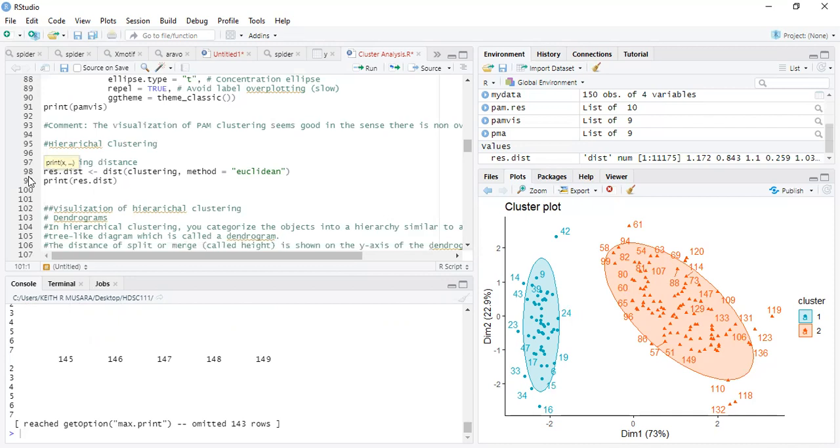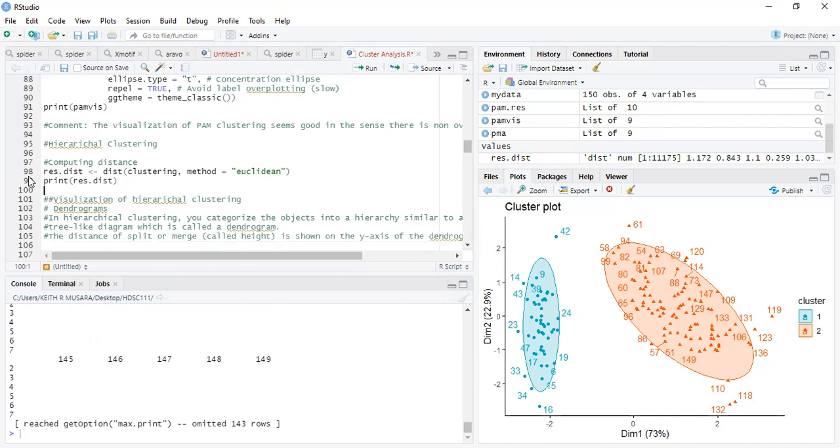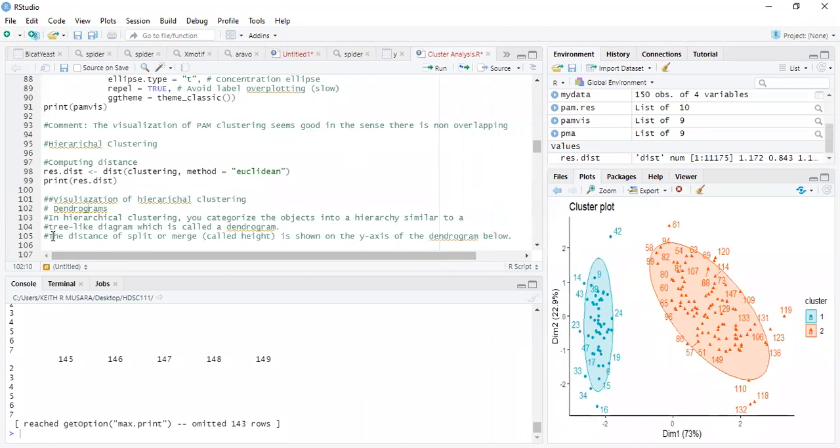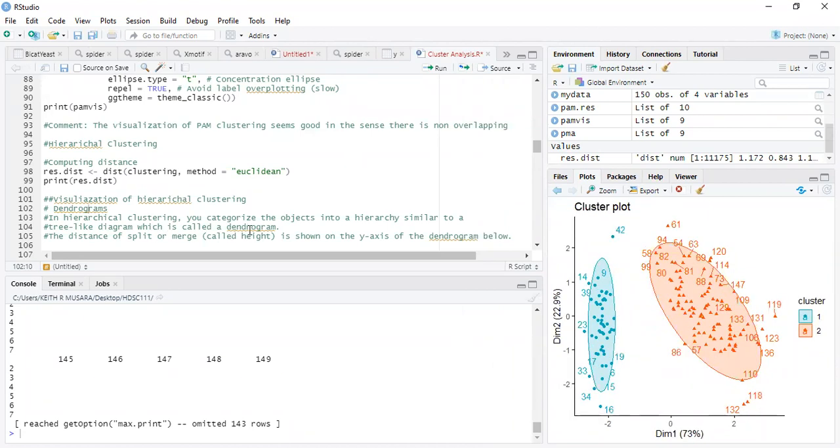So now, when dealing with the hierarchical clustering technique, we usually use what is called the dendrogram. We use the dendrogram for visualization of the hierarchical clustering. In hierarchical clustering, you categorize objects into a hierarchy similar to a tree-like diagram, which is called a dendrogram.